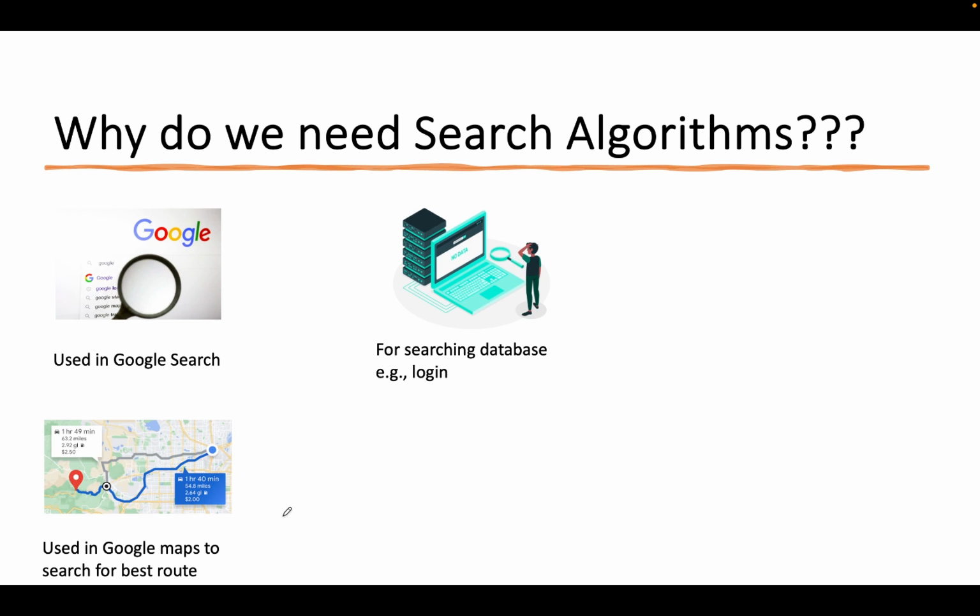Again, the search algorithm they use here is a little more complex, but it's still the same idea. Google makes Google Maps, so they are in the business of search algorithms. If you want to work for Google, you need to know a little more about search algorithms.